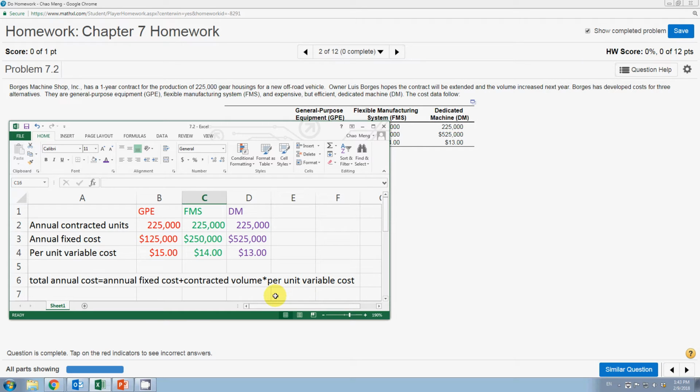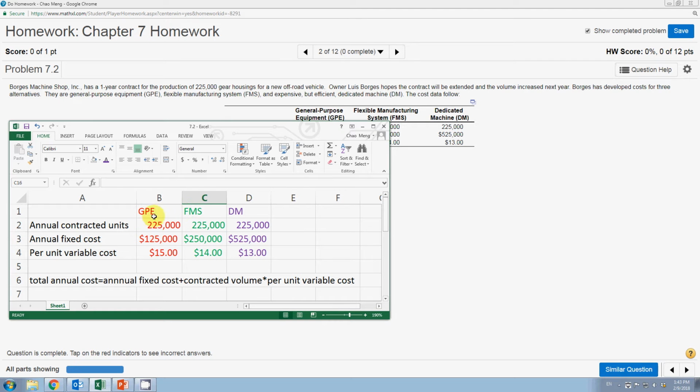So in this annual cost, we have two cost items. The first one is fixed cost. The other one is the variable cost times the contracted volume. We need to calculate when this one is better than this one, or which is the break-even point.